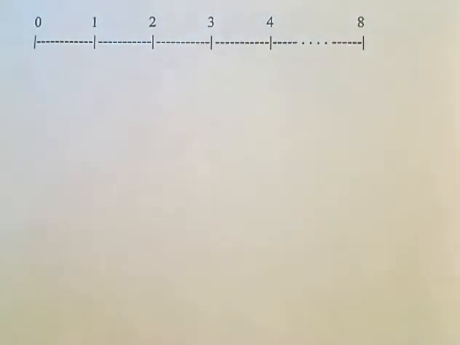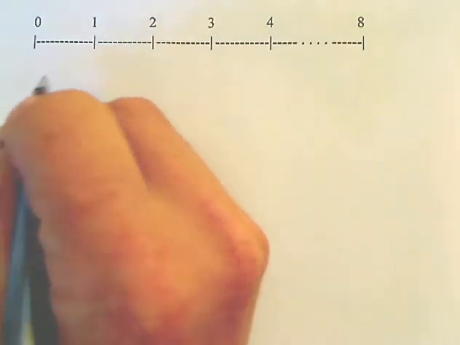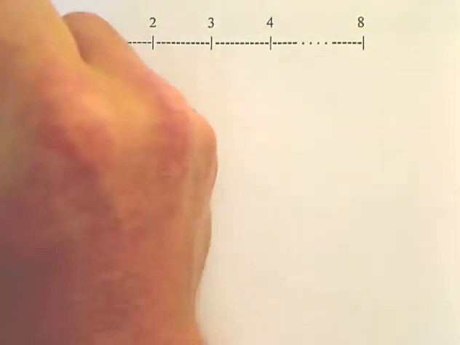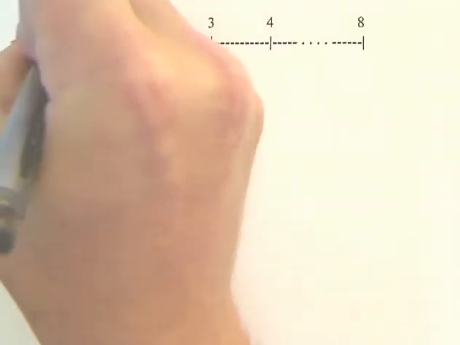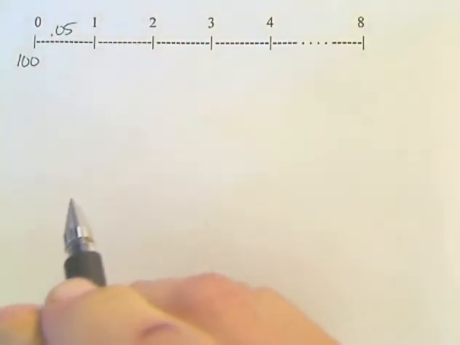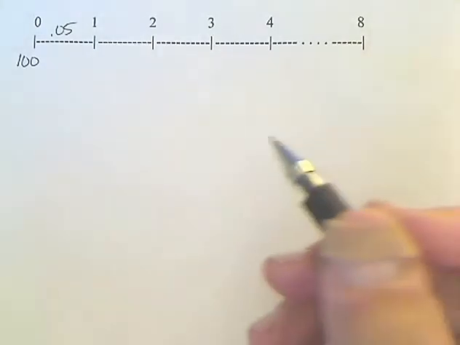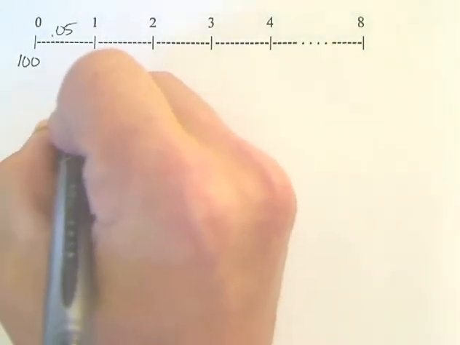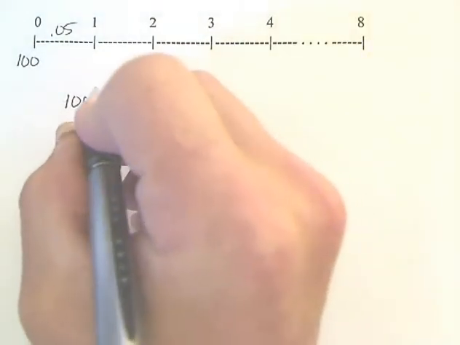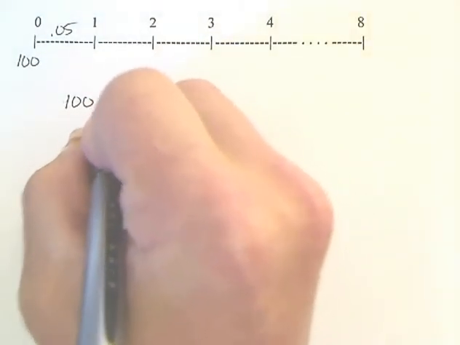Let's assume we have $100 that we're going to deposit in a bank account, and we're earning 5%. And we want to know what it's going to be worth after 1 year, and we'll do this for a few years. So we've got $100. We'll multiply this by 1 plus our interest rate.